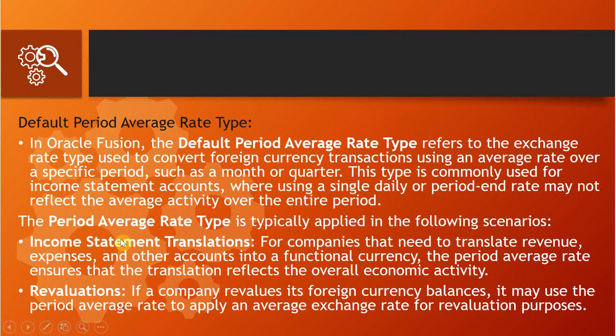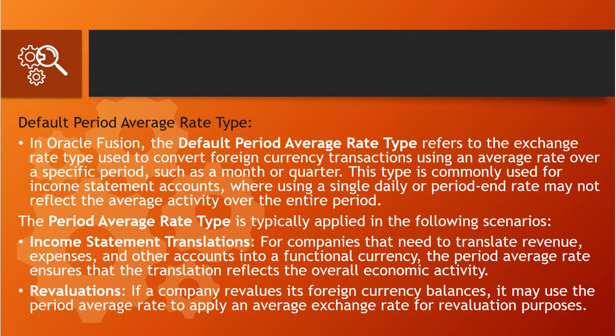The period average rate type is typically applied in the following scenarios. So these are the two scenarios where the period average type is applied. Income statement translations, for companies that need to translate revenue, expense, and other accounts into a functional currency.